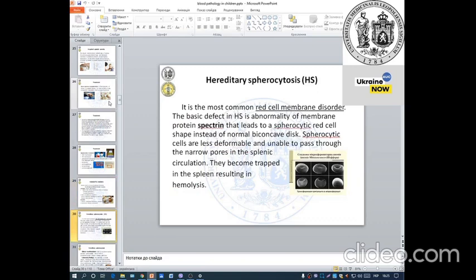The most common type of congenital hemolytic anemia is hereditary spherocytosis, with abnormality of membrane protein spectrin that leads to a spherocytic red cell shape. Spherocytic cells are less deformable and unable to pass through the narrow pores in the splenic circulation. They become trapped in the spleen, resulting in hemolysis.